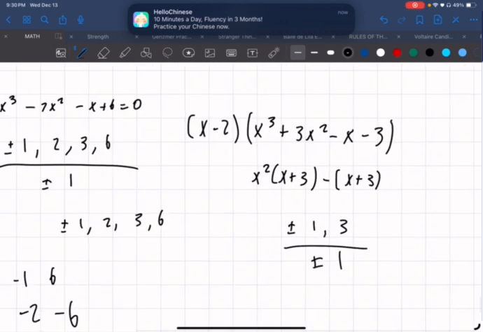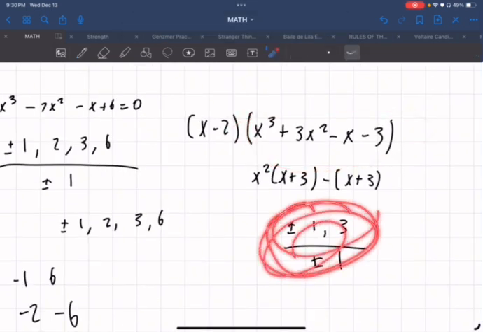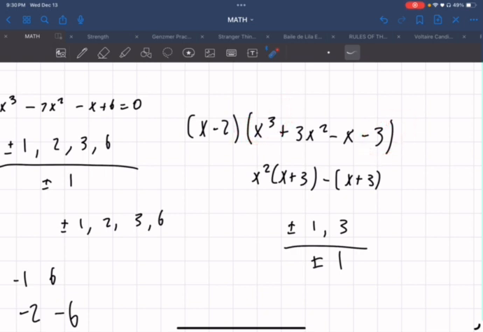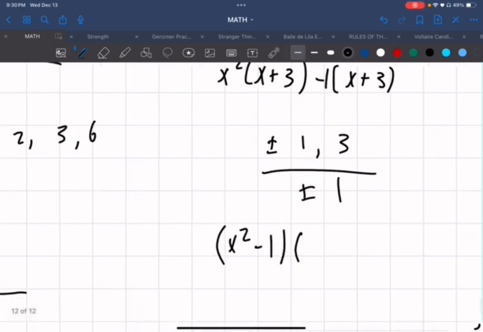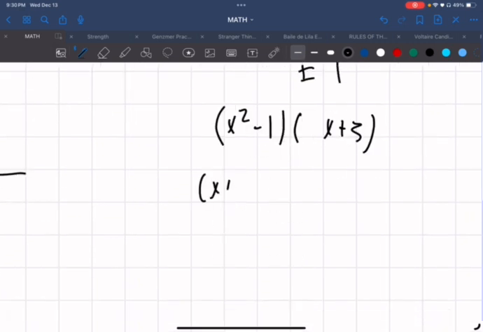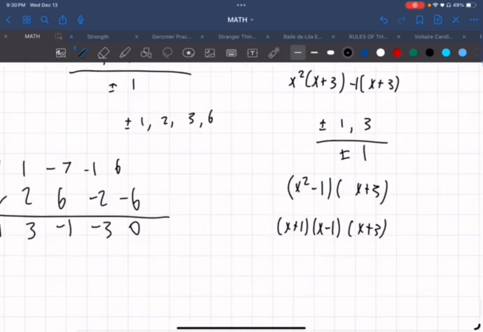And then this is the leftover. We could try and guess and check again by using the factors of this over the factors of this, plus or minus. But we can also just factor this out. So then we would get this, and then we can factor this. And don't forget about this.